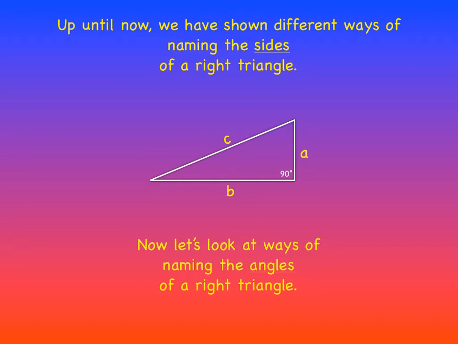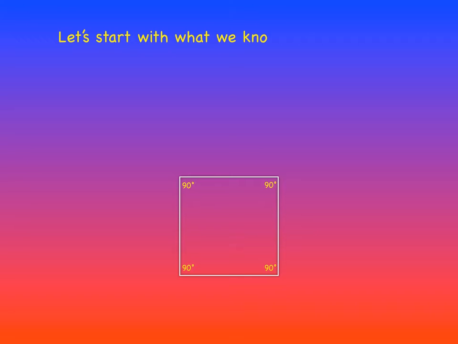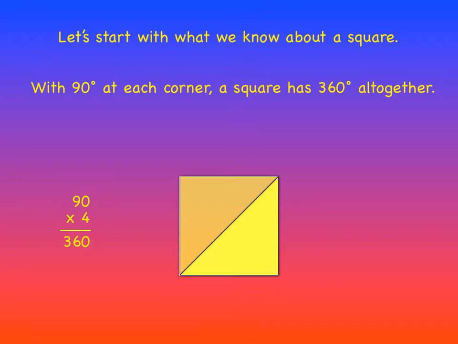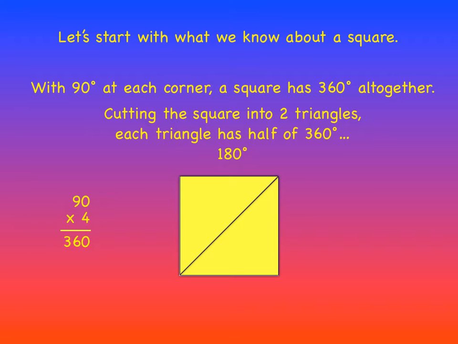of a right triangle. Let's start with what we know about a square. With 90 degrees at each corner, a square has 360 degrees altogether. Cutting the square into two triangles, each triangle has half of 360. In other words, 180 degrees.